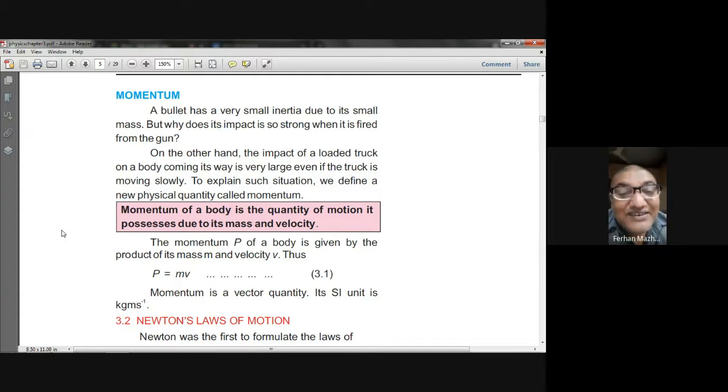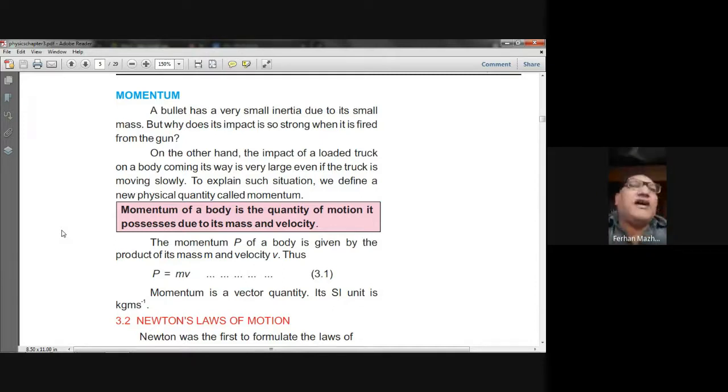But the bullet moves with a speed of, let's say, 40 meter per second. So the momentum of the bullet is high, because its speed is very high. That's why the bullet can cause a lot of damage.